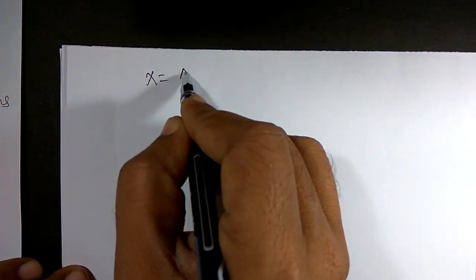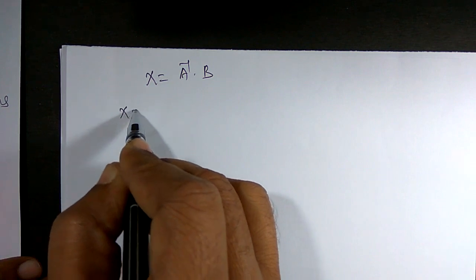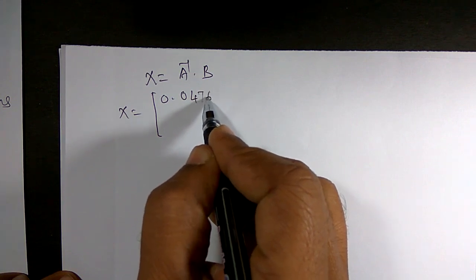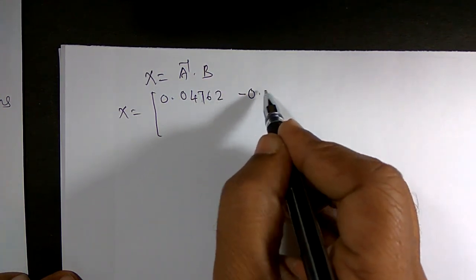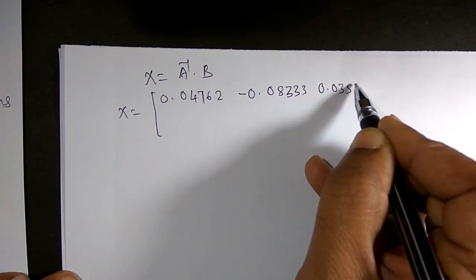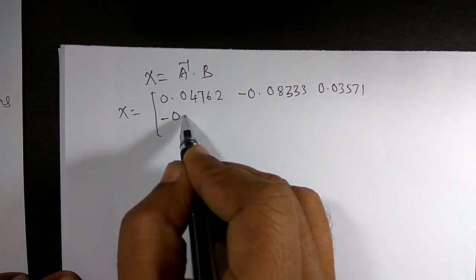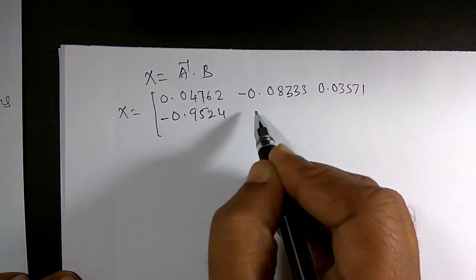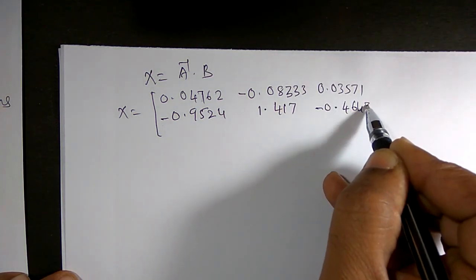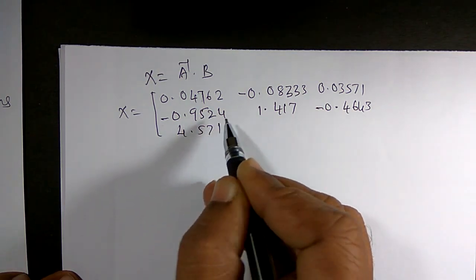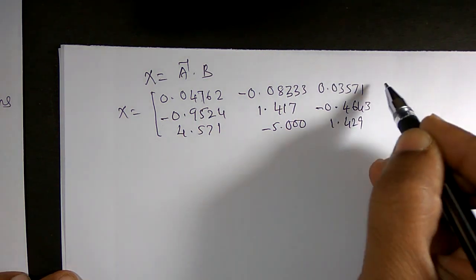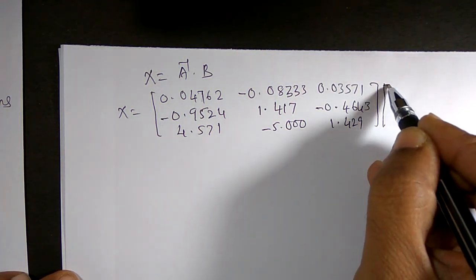So X is equal to A inverse into B. What is the A inverse? 0.04762, minus 0.08333, 0.03571, minus 0.9524, 1.417, minus 0.4643, 4.571, minus 5.0, 1.429, into B. B is what?